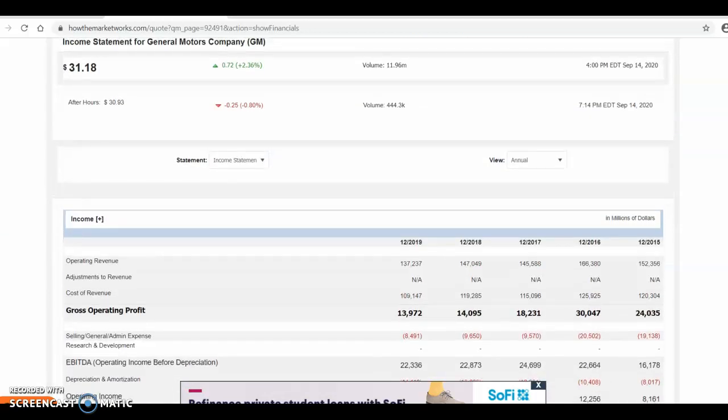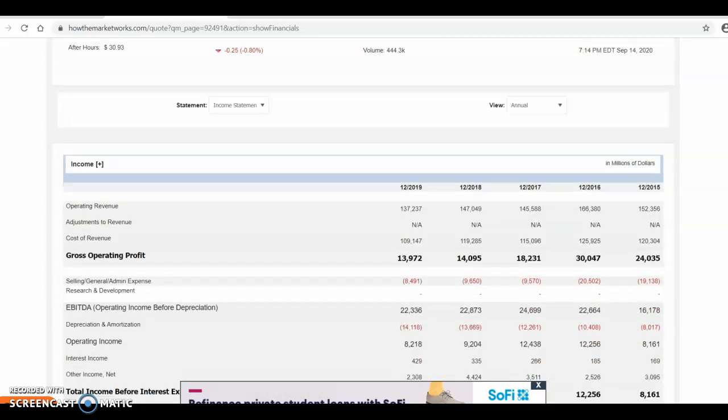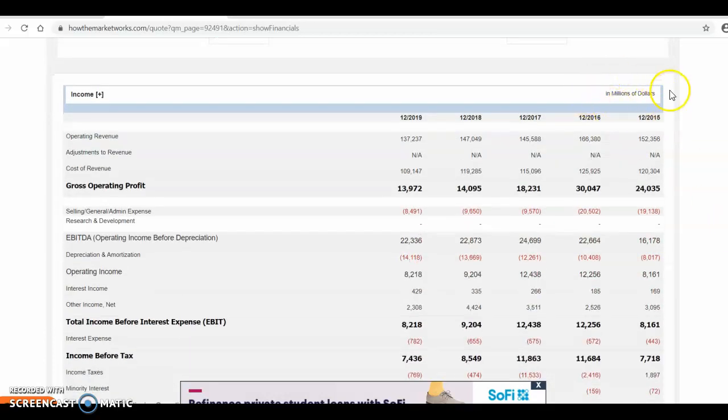Also, you have to know whether this is in millions or in thousands, or whatever. Up here it tells you this is in millions. So their revenue for 2019 is 137,237.